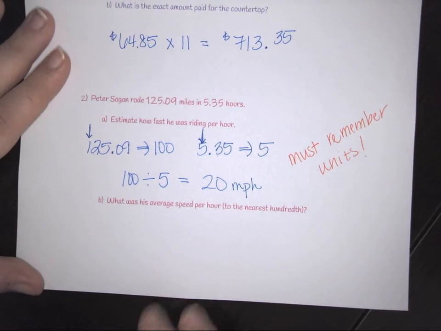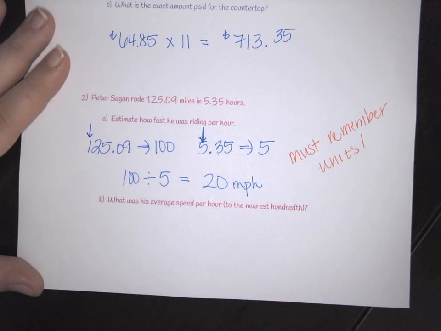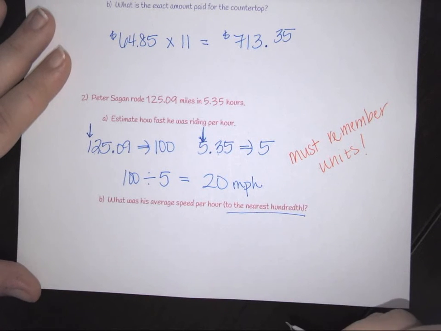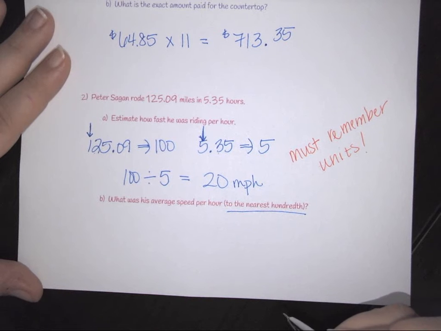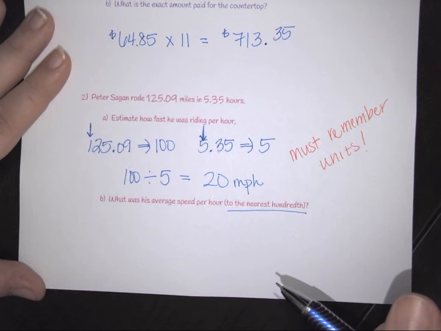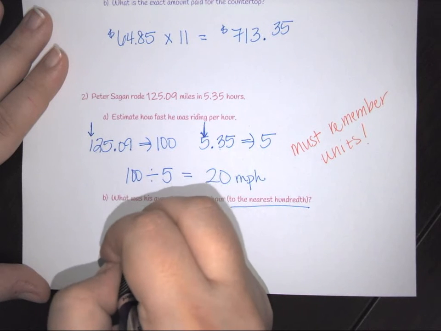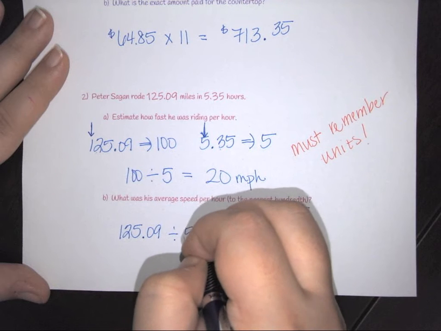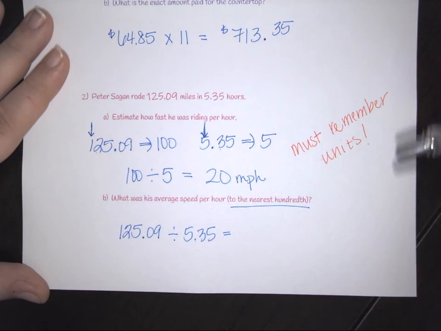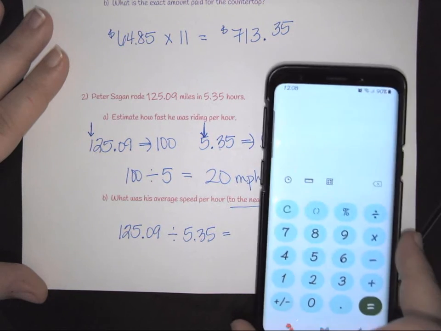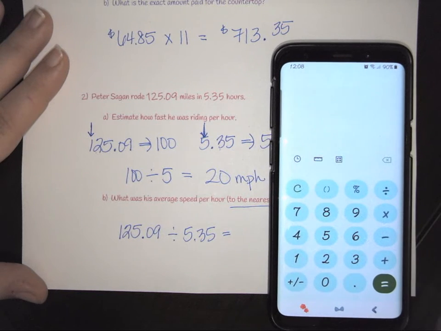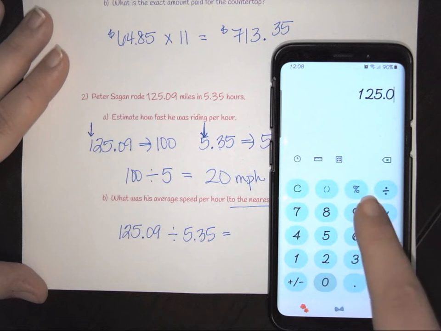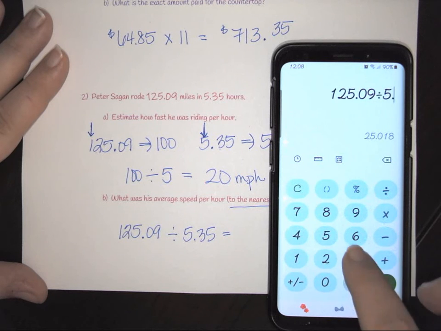Now the second part says, what was his average speed per hour, and we want it to the nearest hundredth. So, average speed per hour says we have to now deal with the real digits. So we have 125.09. We're going to divide that by 5.35. So again, we can use our calculator. And so here, we would look at our calculator, and we would do 125.09 divided by 5.35.